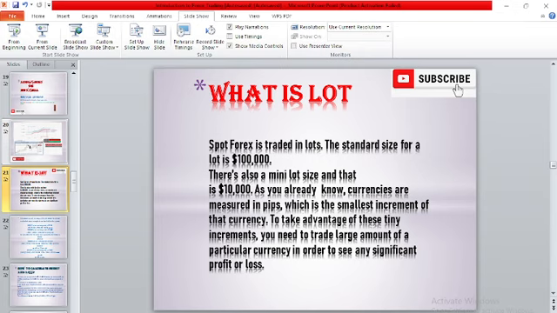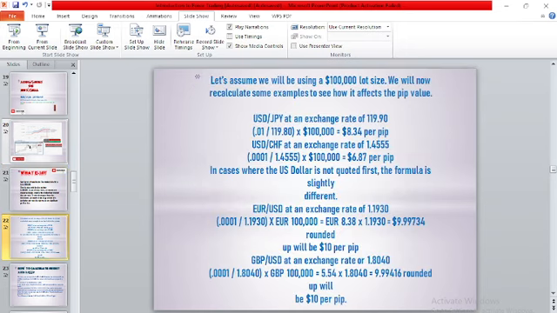To take advantage of this tiny increment, you need to trade large amounts of a particular currency in order to see any significant profit or loss. Alright, let's assume we will be using a $100 lot size. We will now calculate some examples to see how it affects the pip value.